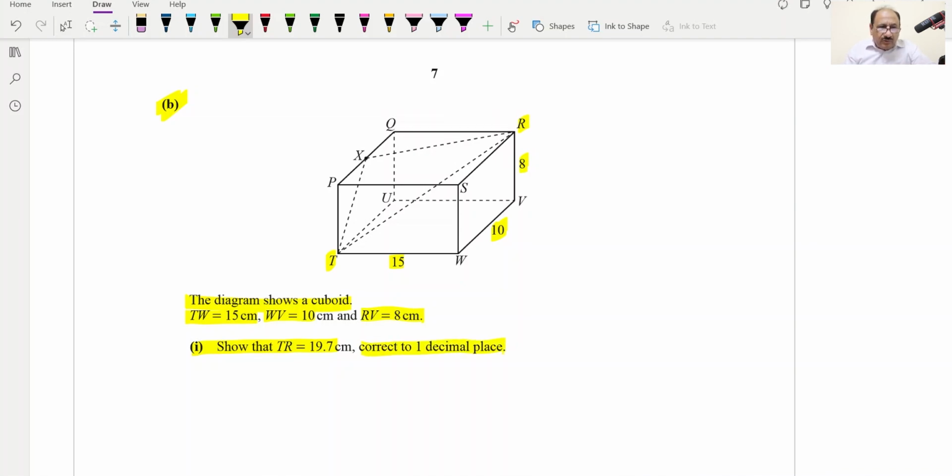So for this one, for TR, we will be considering a triangle.